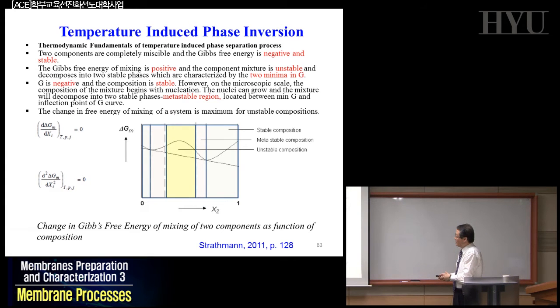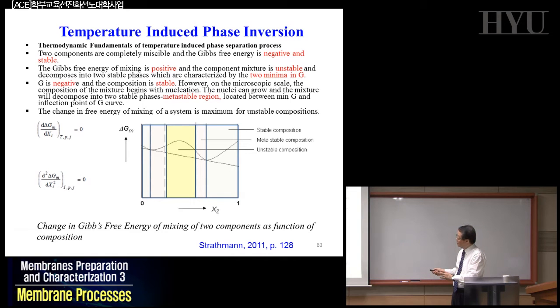So we pass through the stable region. When you add your non-solvent, the composition X2 decreases but X1 increases, so it follows some line over here.